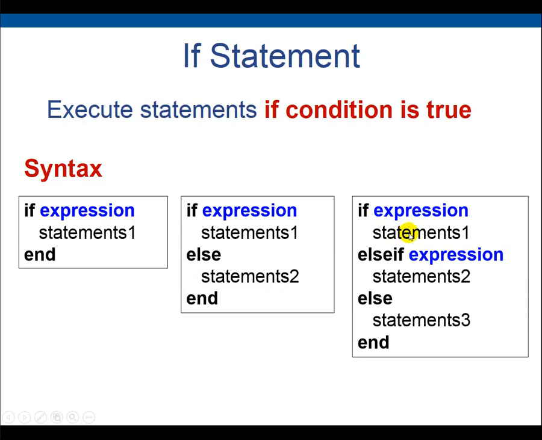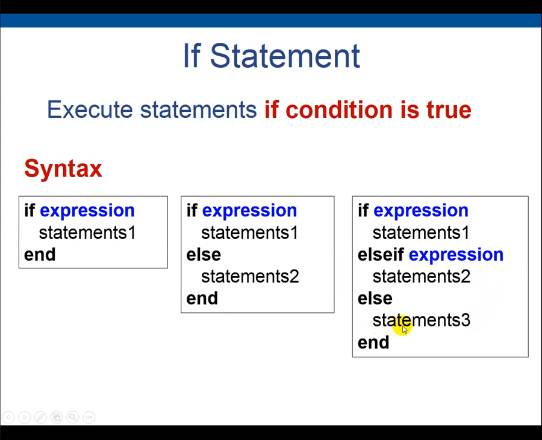And the third one: if expression 1 is true, then statement 1 will show up. But if it's not true, then it goes to the elseif. There is another expression; if it is true, then statement 2 will show up. But if it is not true, then it goes to the else.